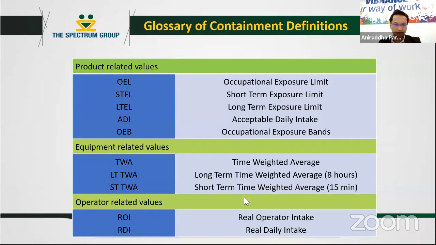That's a method to calculate using the long-term TWA. And then there is a short-term time weighted average. Any operation is typically broken down into 15-minute time slots, and then the number of short-term time weighted averages taken by a particular operation is looked at, and we arrive at a solution.